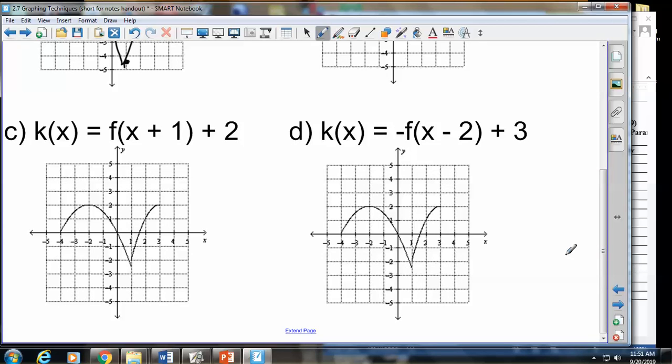See. What's this one doing? Up 1 and up 2. Take your points. Each go left and up.